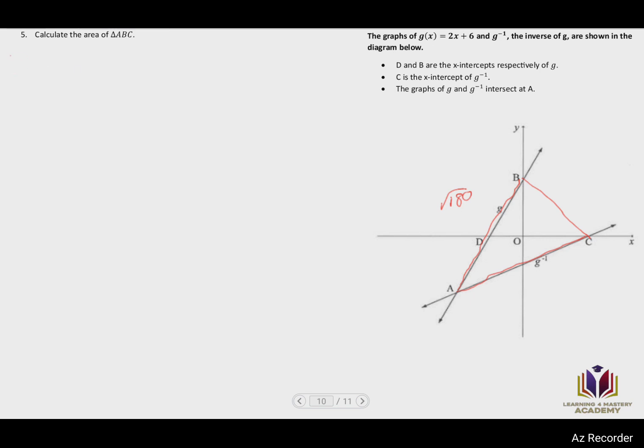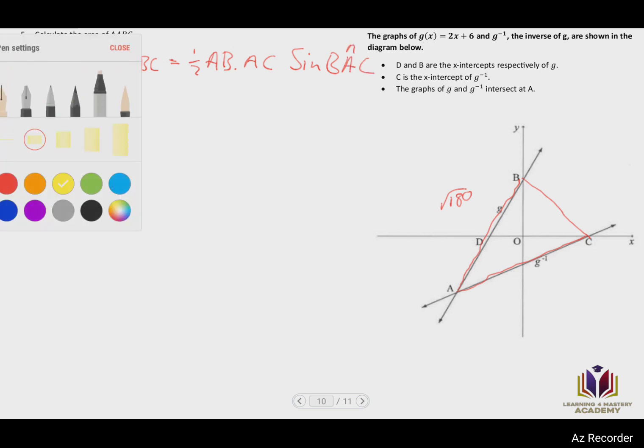We can use the area formula from trigonometry. We'll say half of AB times AC times sine of angle BAC. This angle over here.